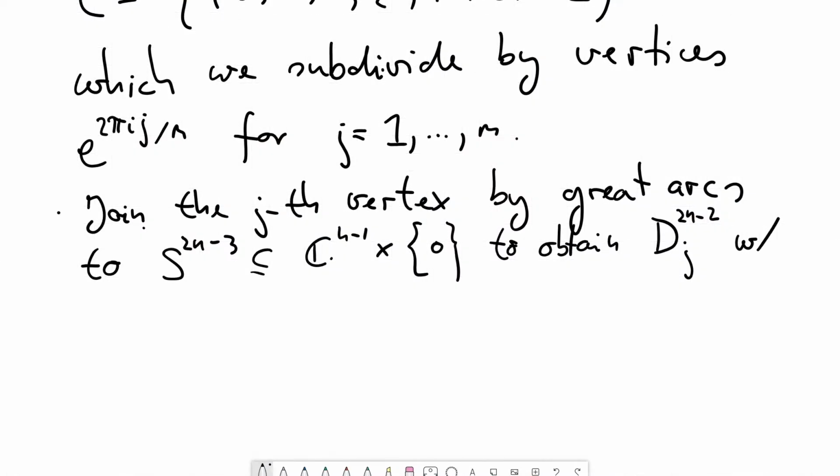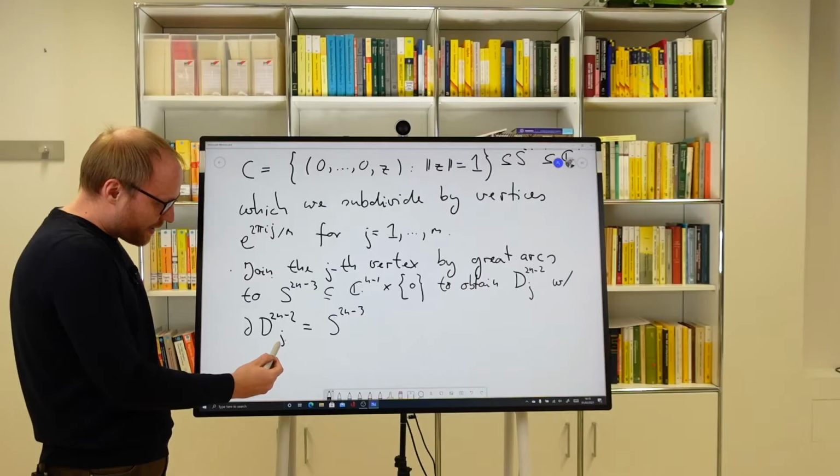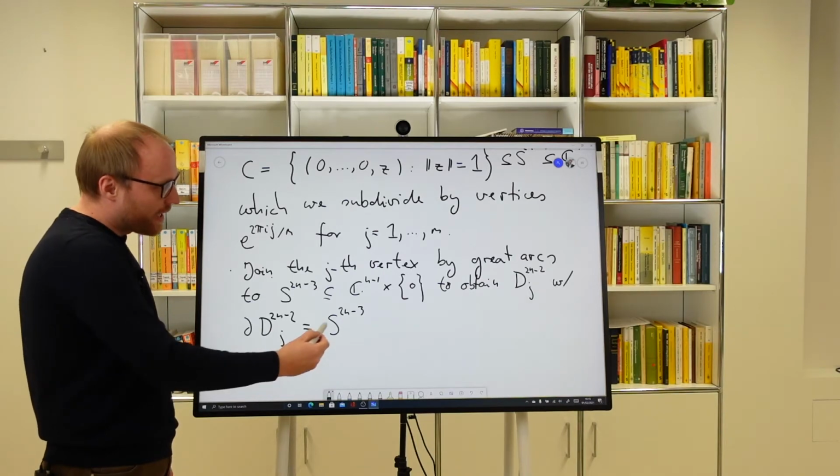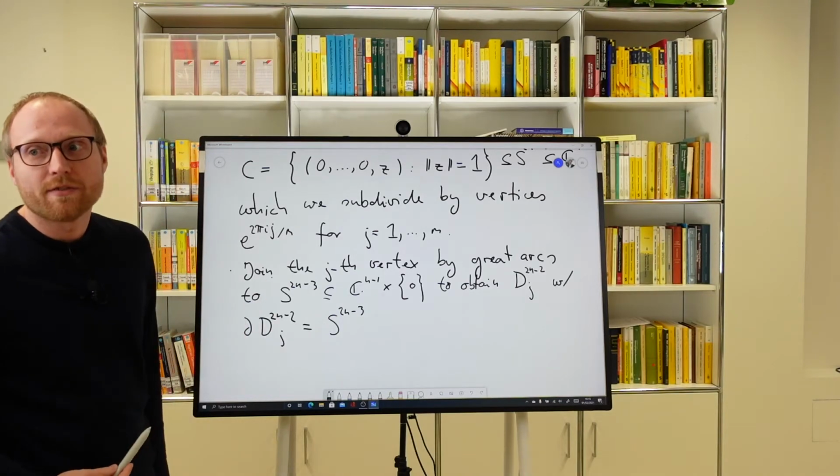We obtain this disk with boundary sphere S^(2n-3). These disks are different, therefore they're indexed by j, but they have a common boundary, which is this one fixed (2n-3)-sphere.